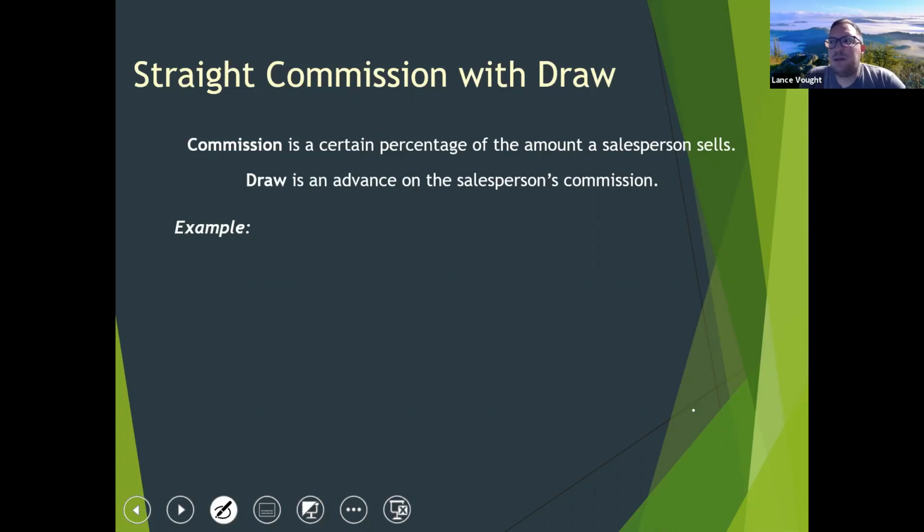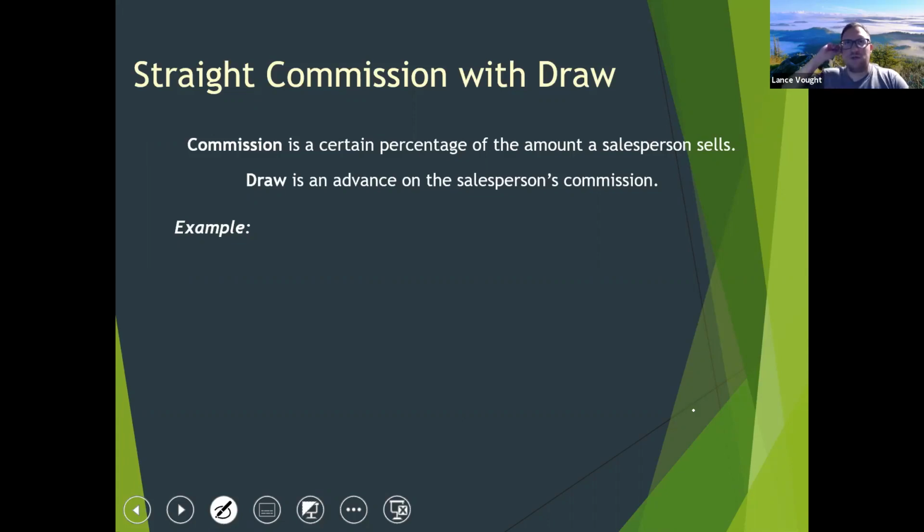So maybe you write a book and you've negotiated that 12% of your sales of your book go to you and the other 88% go to the publisher. Or let's make it similar, let's make it 20 and 80.